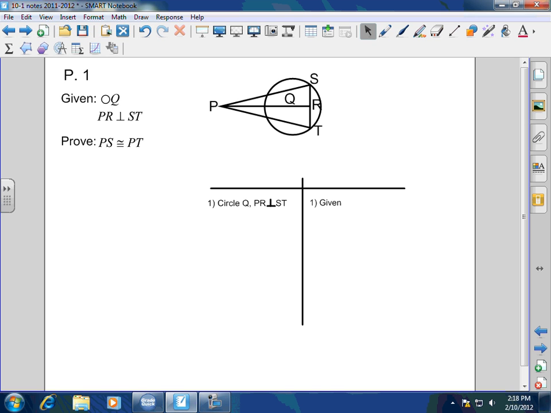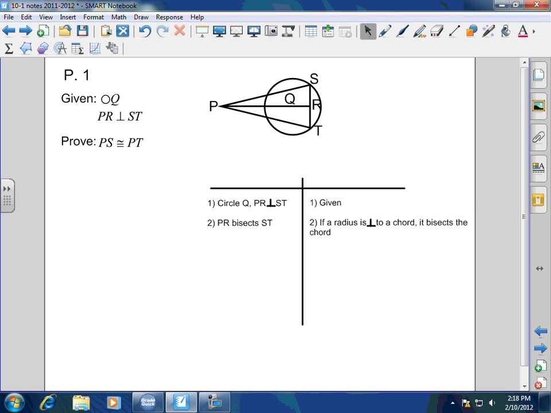But we're elevating our thought process now. We don't need to prove that that's a right angle. Where do we go from here? Where do we go from the fact that PR is perpendicular to ST? What do we do? Use those theorems. That's what I'm talking about. Great job. He said that PR bisects ST. Of course.